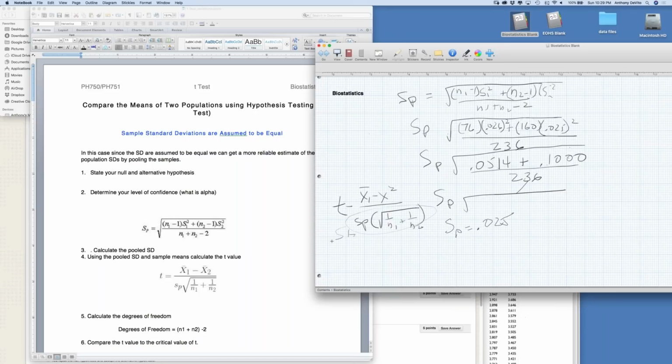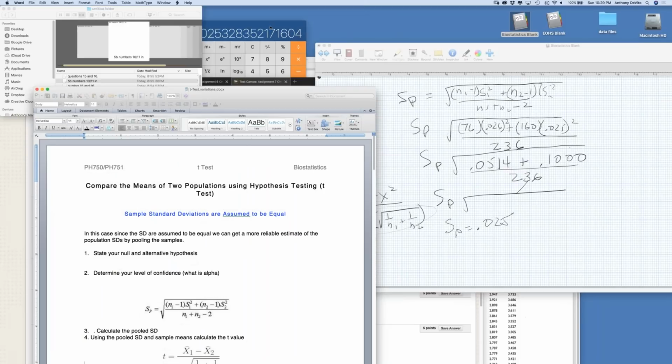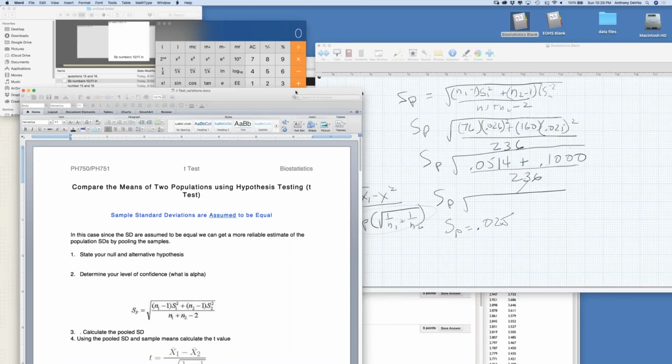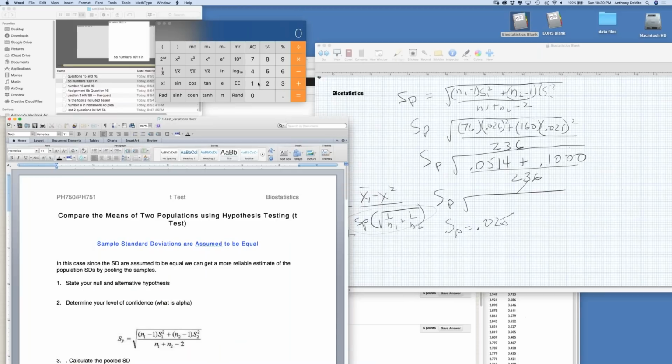Okay, so if I calculate that, I'm going to clear. Okay, so that's 1 over 77. And I'm going to put that into memory. And plus, I'm going to clear that.